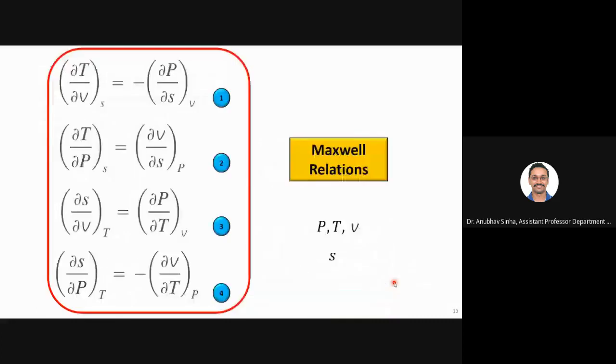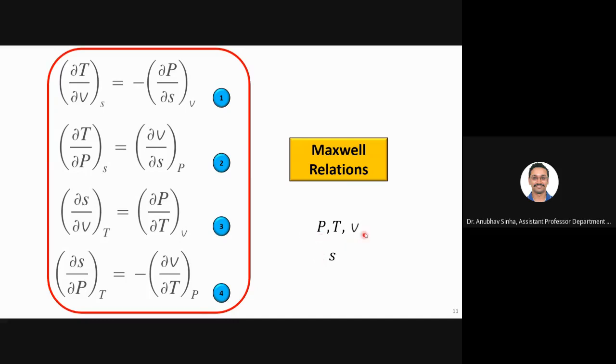So if you combine all that, these are the four equations that we have derived in the last four slides. What we see here is that entropy is used in all these equations, so it is changed with respect to entropy or at constant entropy. The changes in pressure, temperature and volume are being related to the change in entropy. As I mentioned, we cannot directly measure entropy.